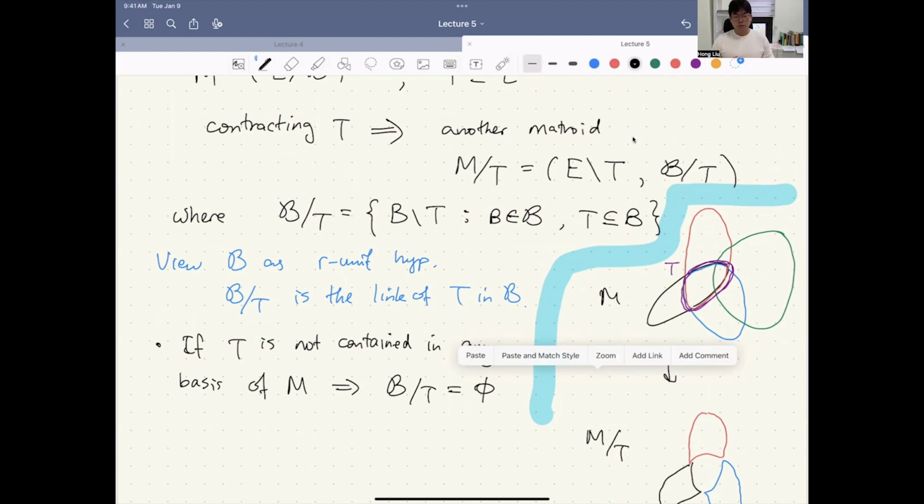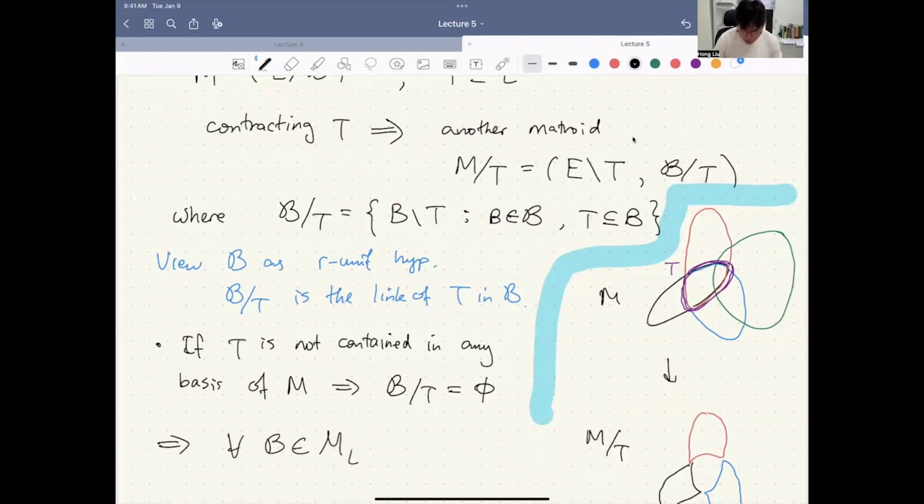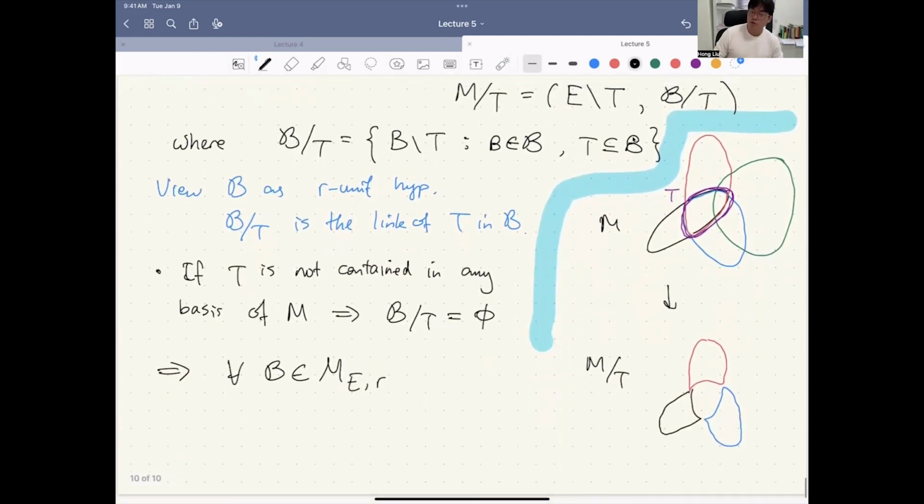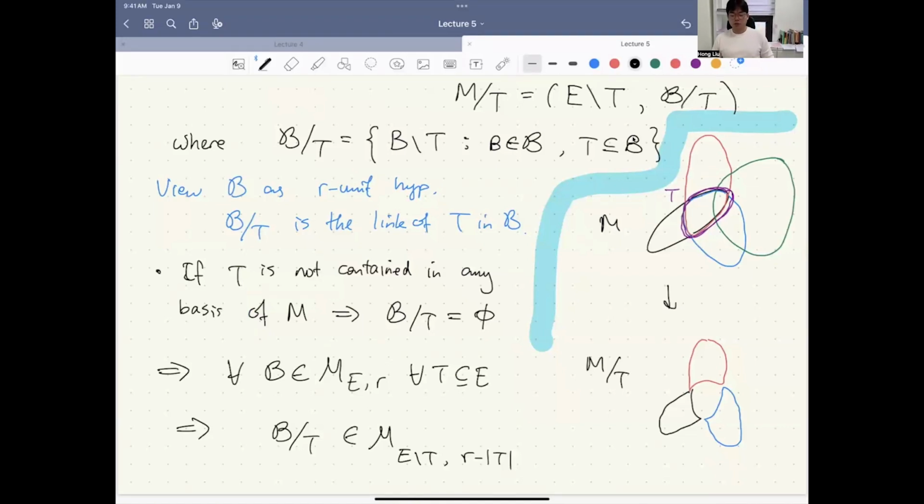Which means for any B in this collection M(E, R), remember this is the collection of all rank R matroids union the empty set, and for any T subset of E, the contracted one lies in M(E with T removed, rank R minus |T|).